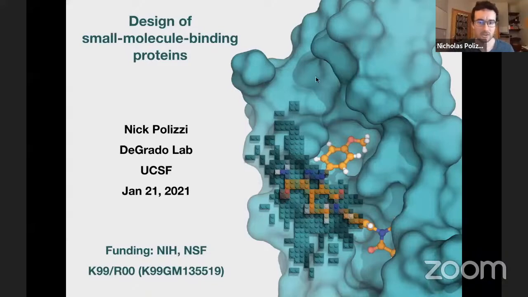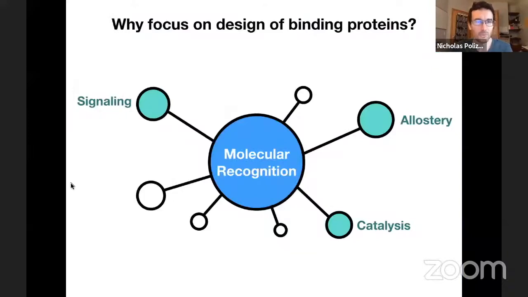I want to start out really with a question, which is: why even focus on this? Why focus on the design of binding proteins at all? I would argue that molecular recognition is really a hub through which we can access all kinds of protein function, right? Signaling, allosteric catalysis, and many, many more.